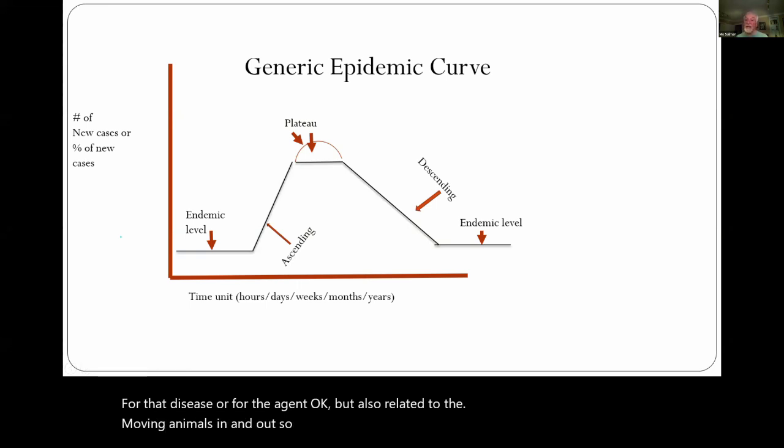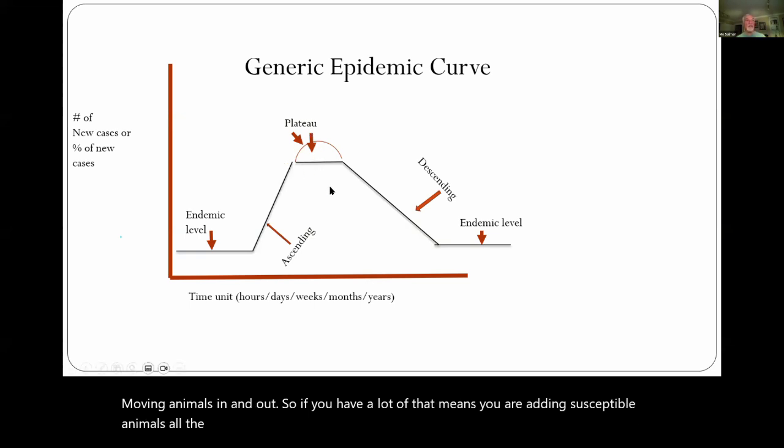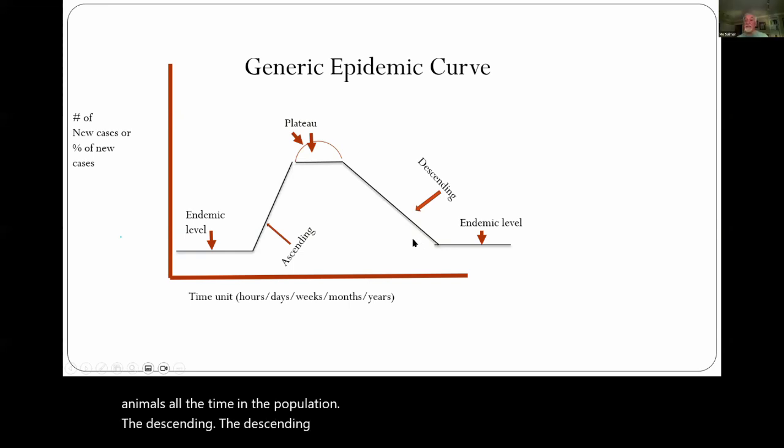If you have a lot of that, that means you are adding susceptible animals all the time to the population. In the descending phase, what happens is it goes back to the normal level or the endemic level.